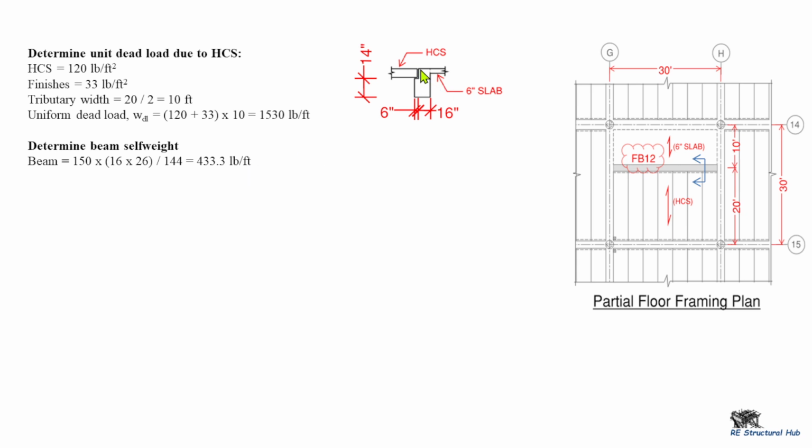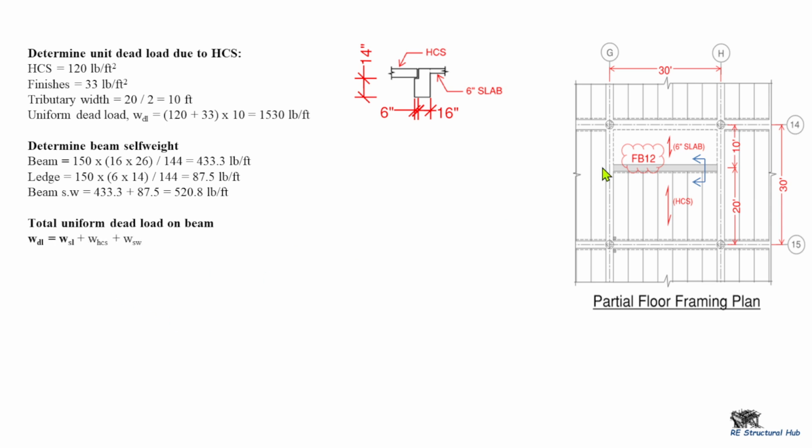If you look at these sections, we have this beam here, and we have the ledges 6 inches by 14. So 6 by 14 multiplied by 150 would give us 87.5. So the total of these two items, the ledges and the beam, is 520.8 pounds per foot.